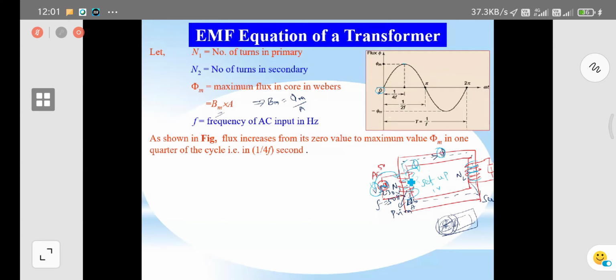If you do not give this voltage, no current flows through the winding, so there is no flux. If you give this voltage, the current starts flowing in the primary winding. This is the exciting current. The winding is excited by this current and produces the flux, a sinusoidal flux.